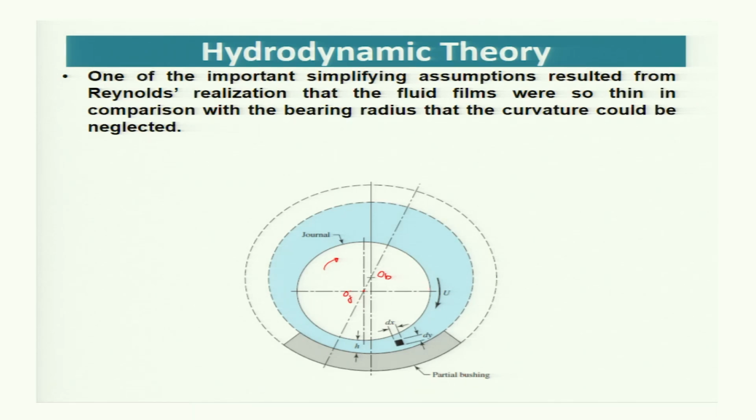And so we can represent the bearing and journal by two inclined plates. This is your bearing surface, and the journal surface will be represented by this top plate, which is moving with the surface speed u, and in between is the lubricant. So this is the result of the first assumption.